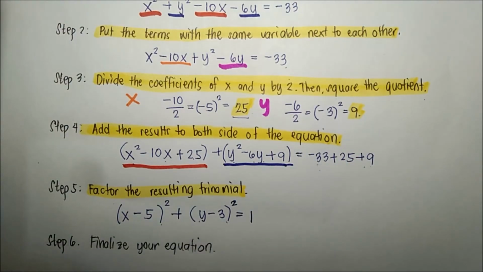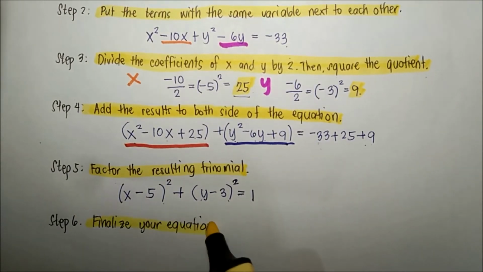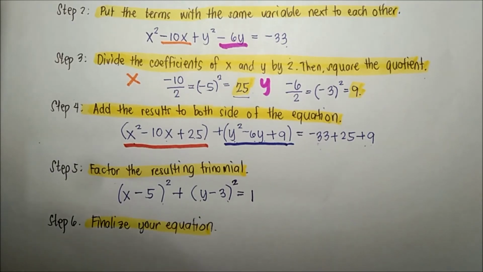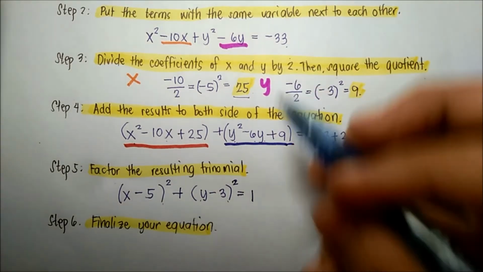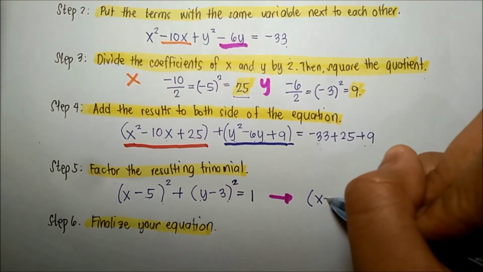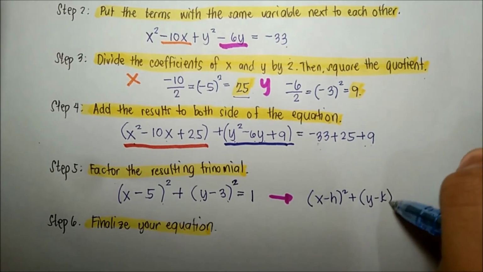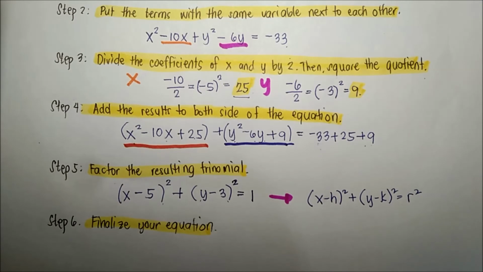We're almost done. Then step 6 is we will finalize our equation. We should have it in the standard form of the equation. What is the standard form again? That is x minus h squared plus y minus k squared is equal to r squared.